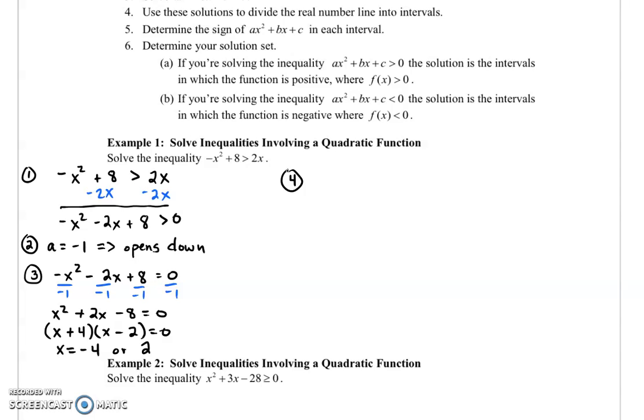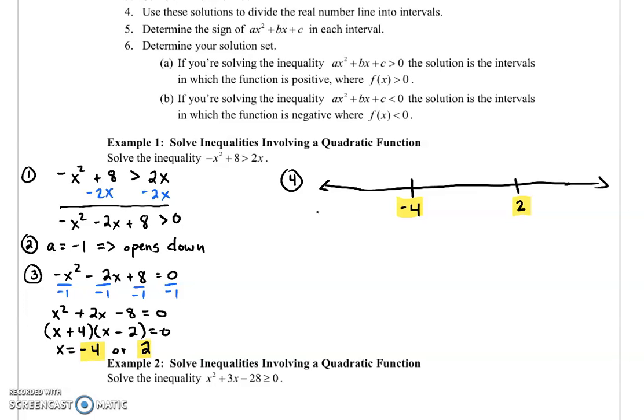Step 4 is make a number line and put those two solutions on the number line. So negative 4, positive 2. Now, determine the sign of negative x squared minus 2x plus 8 in each interval on the number line.